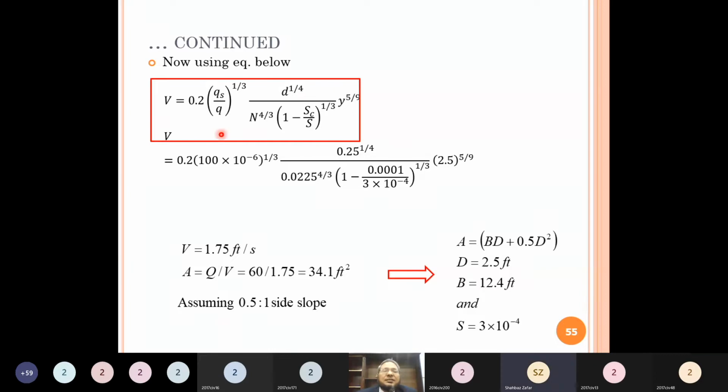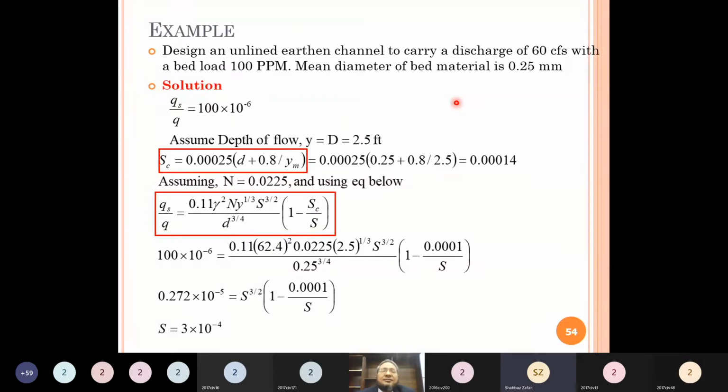Yes, please. On what basis have the depth and n values been assumed? Yes, that's a very good question. The depth of flow value we have assumed based on how much discharge the channel has to carry. Because the discharge is very small, 60 cusecs, the depth of flow should be smaller.